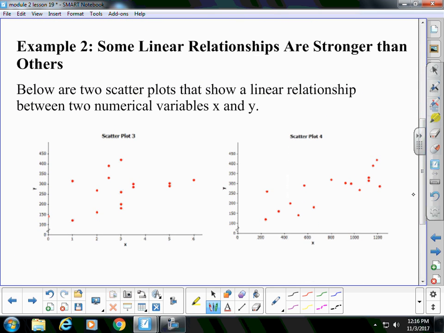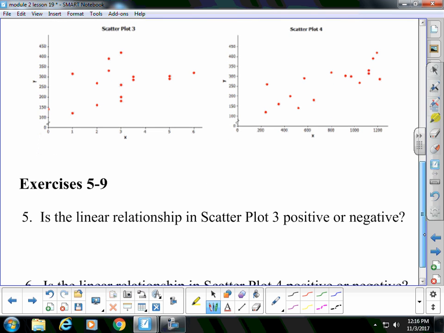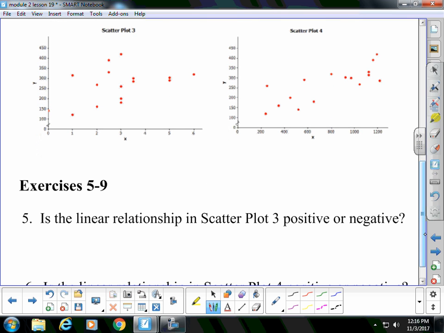Okay, example 2. Some linear relationships are stronger than other linear relationships. So if you look at the two plots below, they both show a linear relationship between x and y, but one's stronger than the other one. Question number 5: is the linear relationship in scatter plot 3 positive or negative? It would be positive.